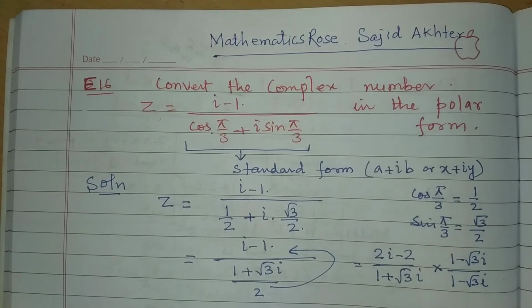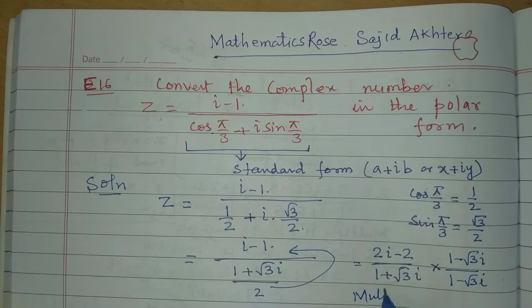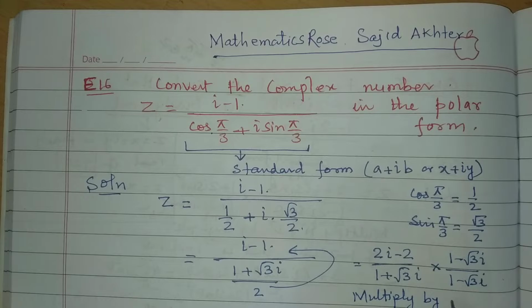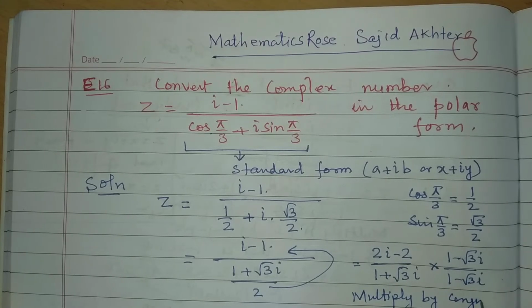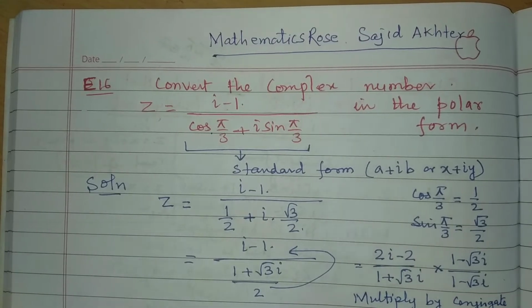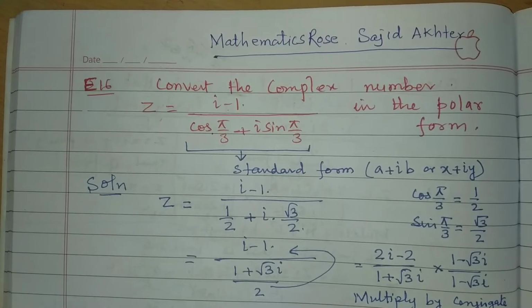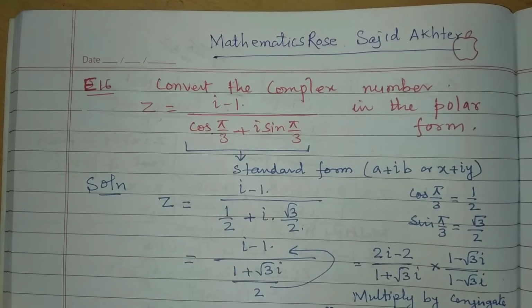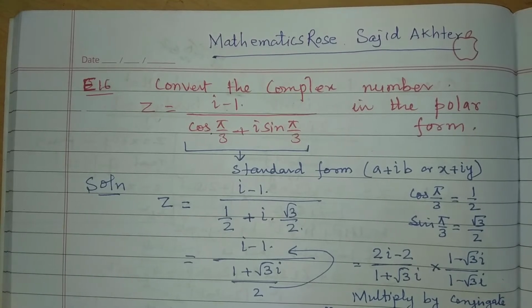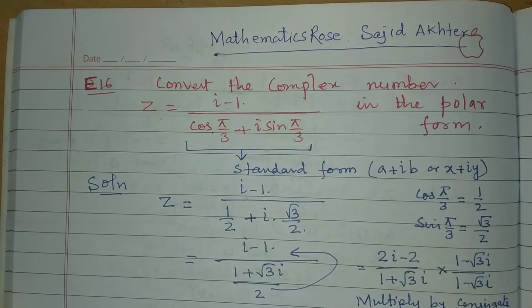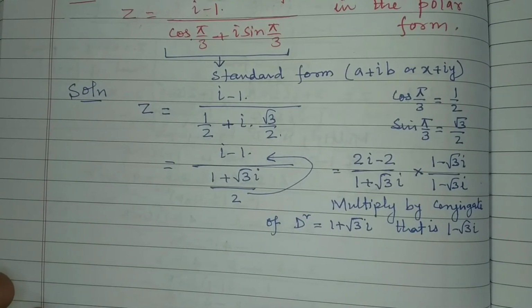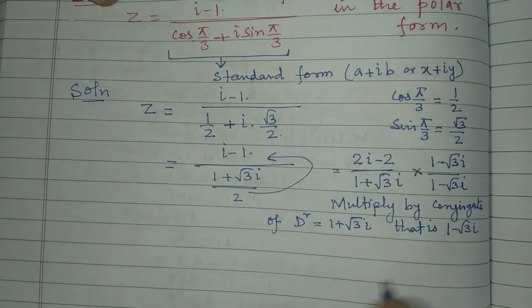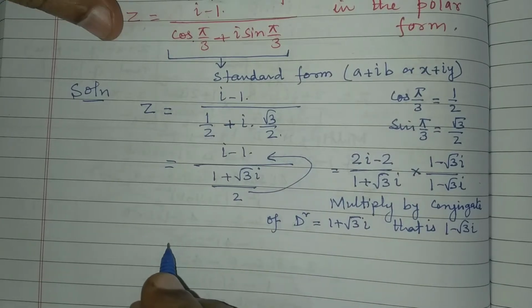The denominator is 1 plus root 3i, so its conjugate is 1 minus root 3i. I have multiplied the numerator and denominator by 1 minus root 3i. Hope up to this you are understanding.